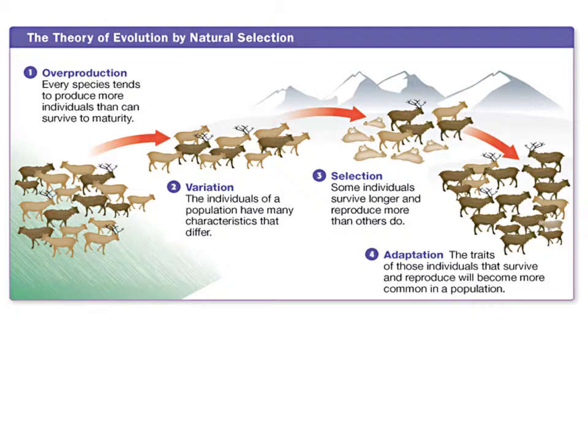Okay, so let's think about how many of you have seen a deer in the past 5 years? That counts. Deer overpopulation is a huge issue up here in the Northeast in particular.